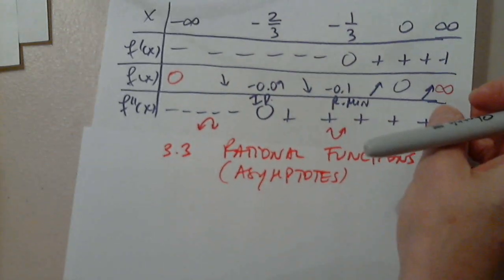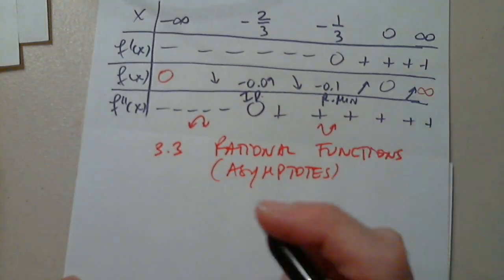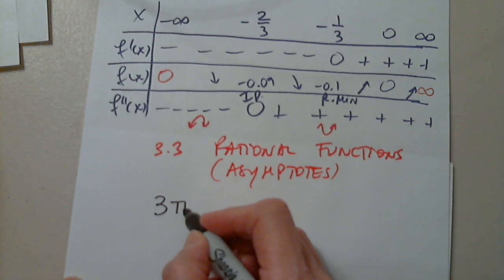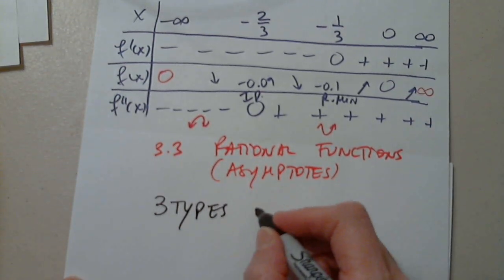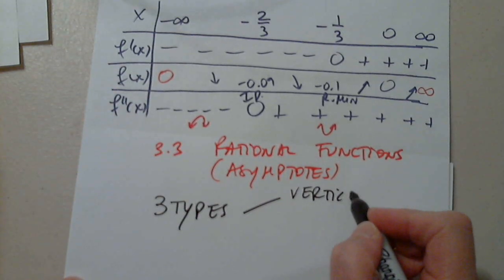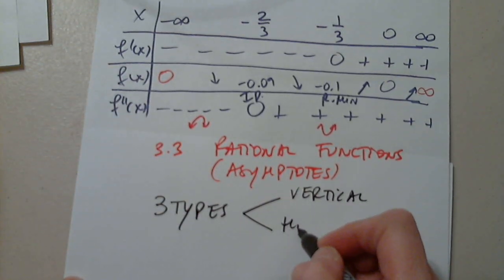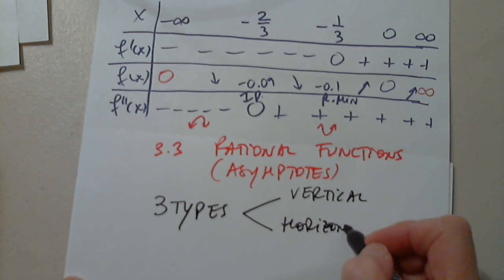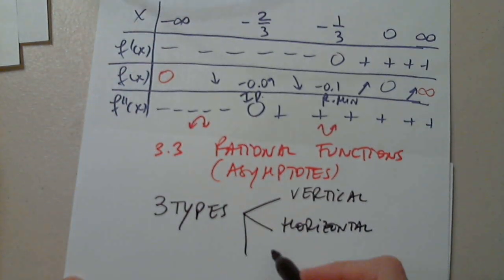Okay, so what is an asymptote? There are three types of asymptotes: vertical, horizontal, and slant.